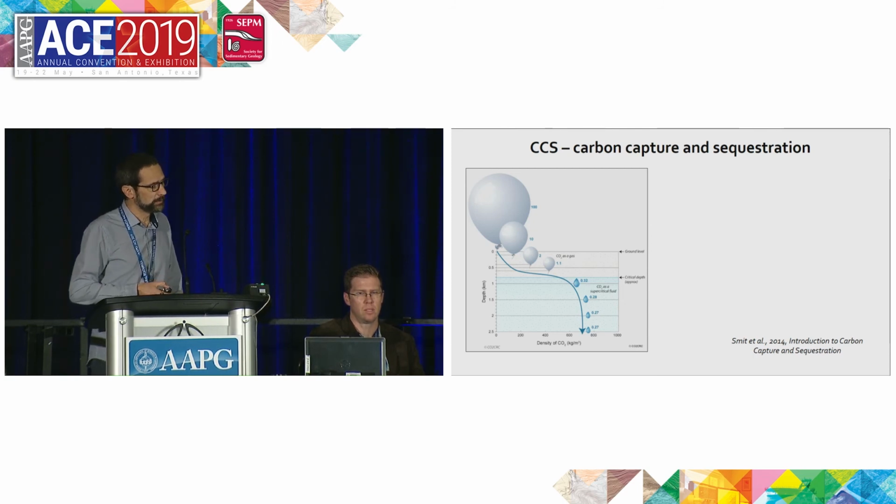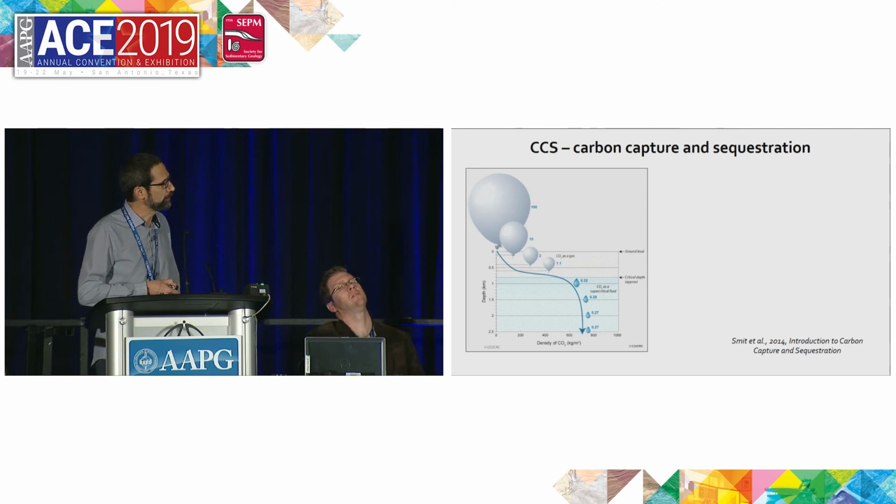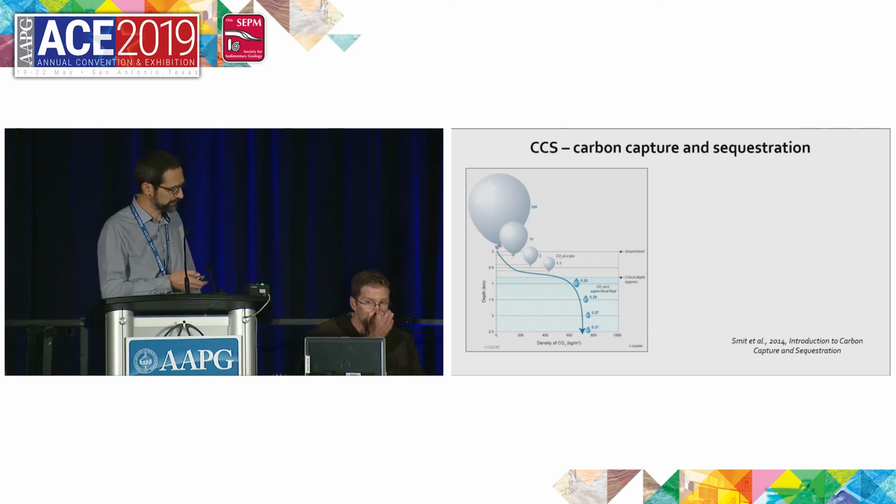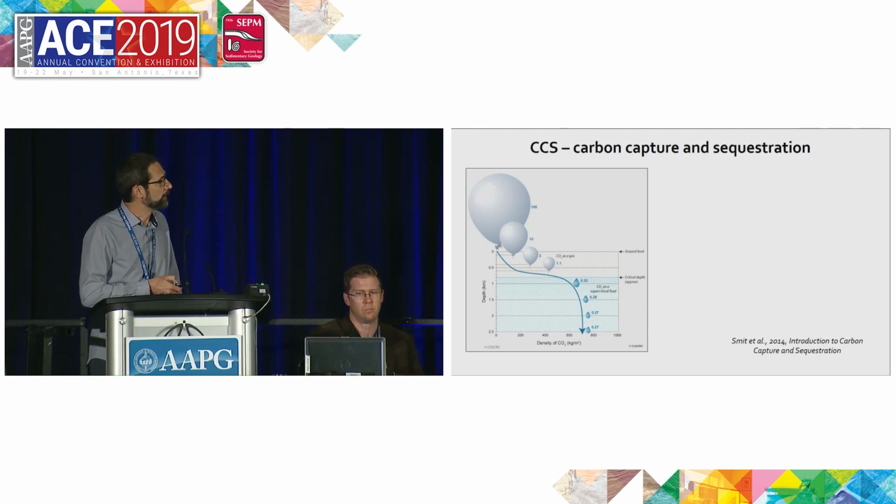The good news is that as you inject CO2 deeper into the ground, close to about 1 kilometer depth, it becomes supercritical, and its volume reduces significantly, and then its behavior is not that different from hydrocarbons.